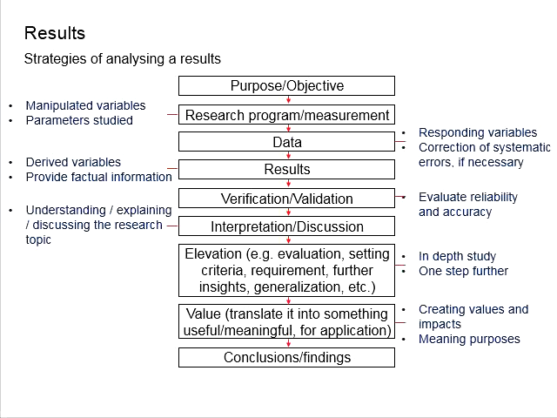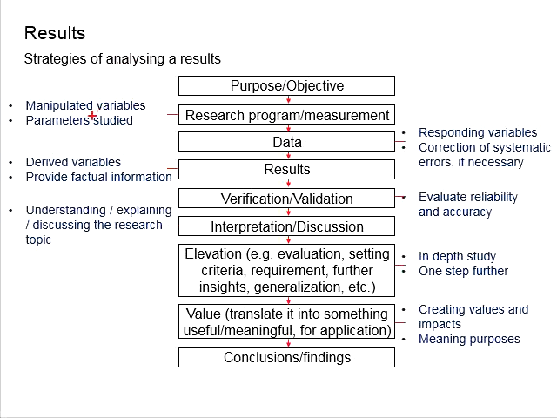You know that a typical research must have some purpose or objectives. Those objectives will later be translated into the research program, which involves investigations, and there will be some mechanisms or measurements. Normally, during this research program, we have determined the manipulated variables and have also identified the parameters to be studied.